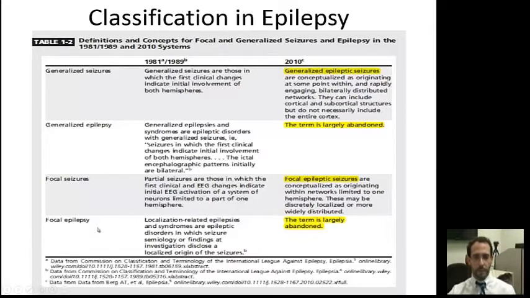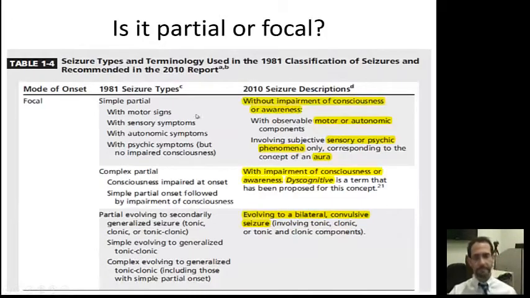And again, the term focal epilepsy has been abandoned. So let's talk about partial or focal. Like I said, is it partial? Is it focal? What we're calling right now.